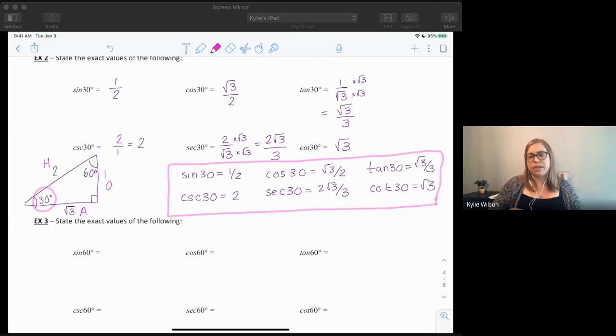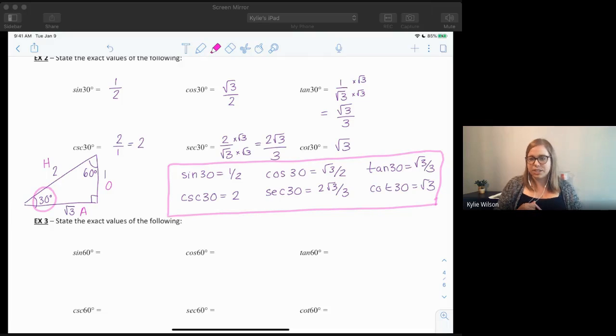If anybody's thinking of going into engineering, architecture, a lot of types of design where you need trig, which there's actually so many things out there, you always need to know exact values, and that's because we don't want to round things. We want to limit our rounding as much as possible so that our numbers are exact.